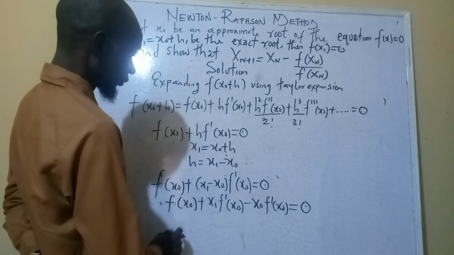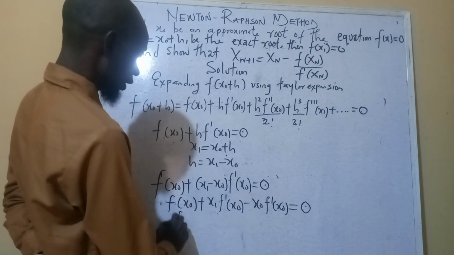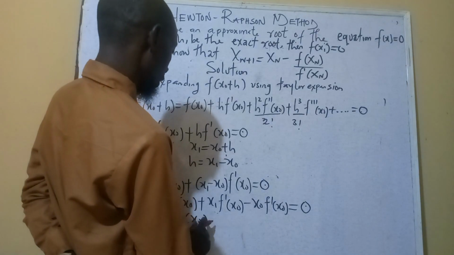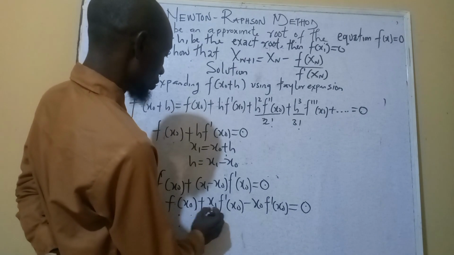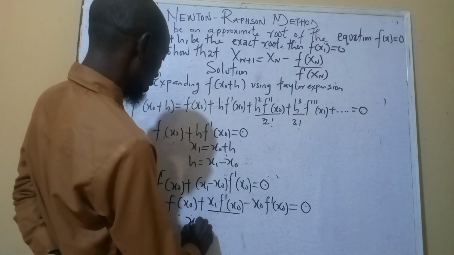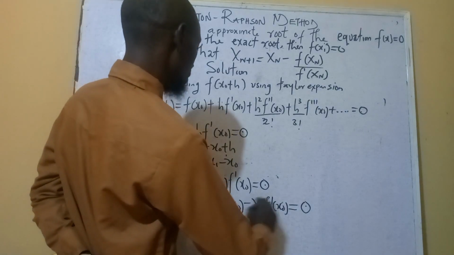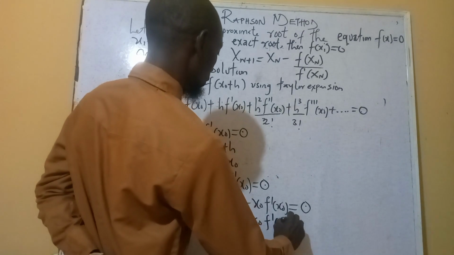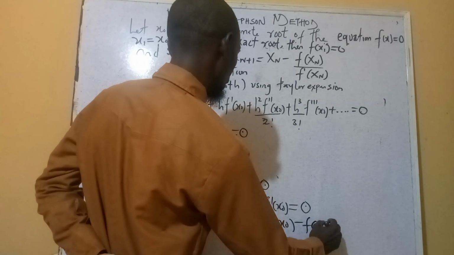Okay, now this one will give us x1 f prime x naught equals x naught f prime x naught minus f of x naught.